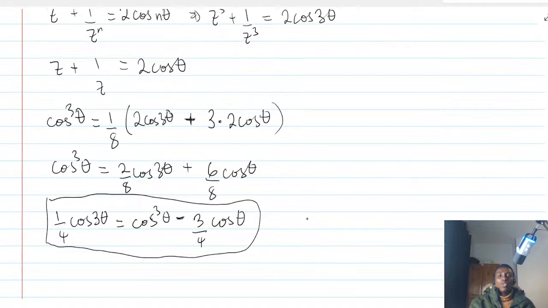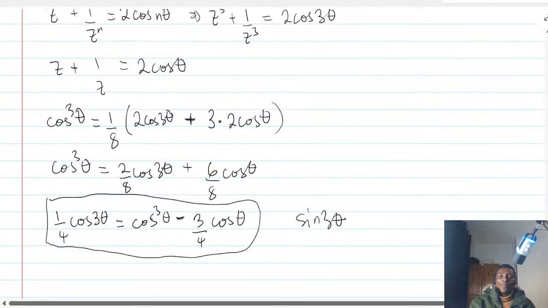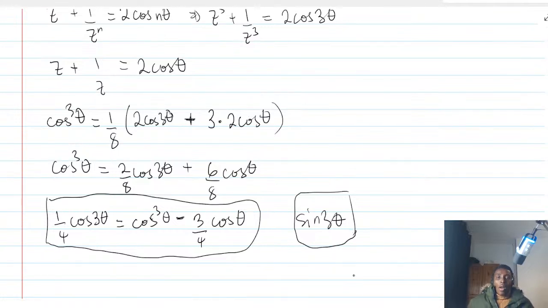So please, I want you to do sine 3 theta. All right. So I think we can end on the complex numbers. I hope you have learned something. Okay.